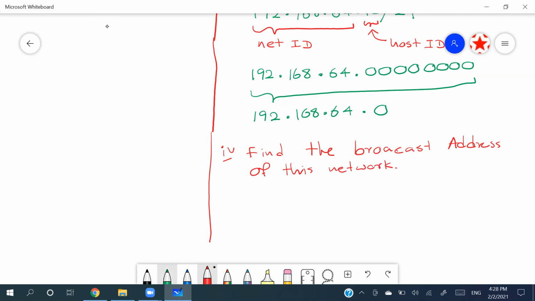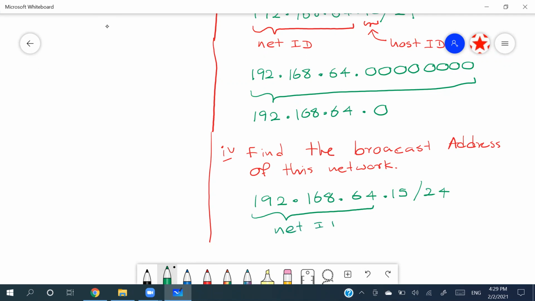I'm going to do this: 192.168.64.15/24. That's what I have given. Since I'm doing this for the first time, I'm writing net ID and host ID repeatedly here. You don't need to do that when you are doing the calculations.